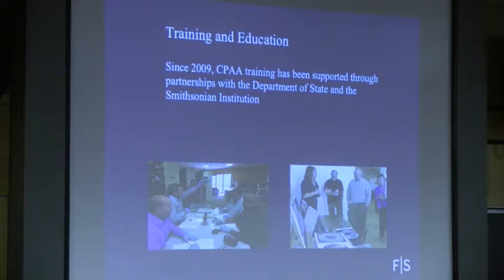So they learn things like wearing gloves and how to photograph objects. And also they learn information on what are the laws that they can follow. In recent times, other agencies have also instituted similar trainings or come to this training. And so some of the Customs and Border Patrol agents are also coming now.